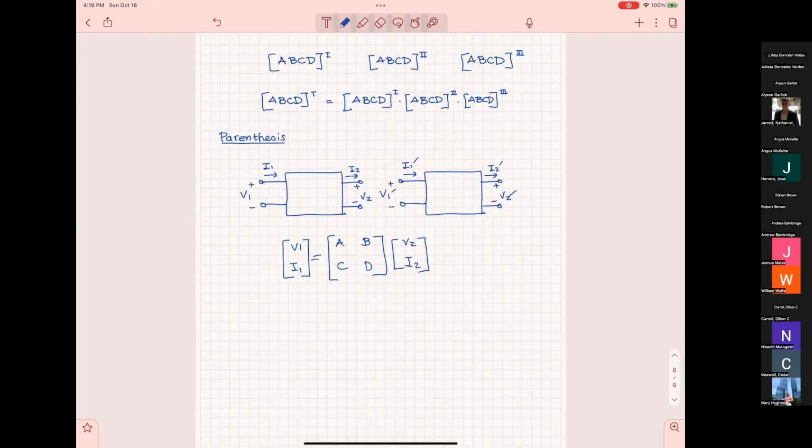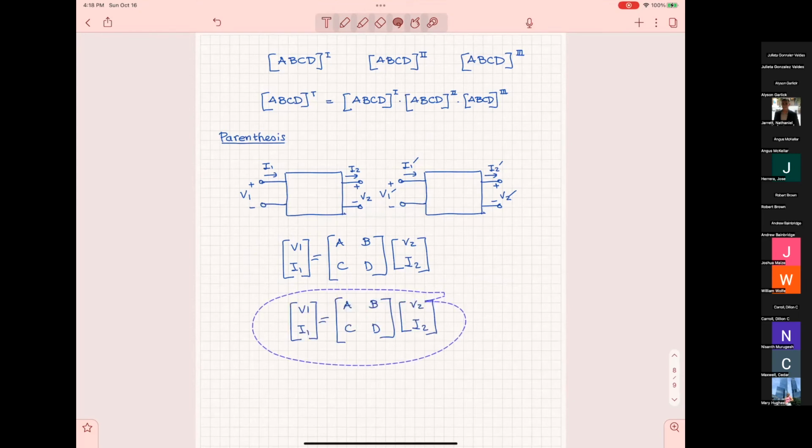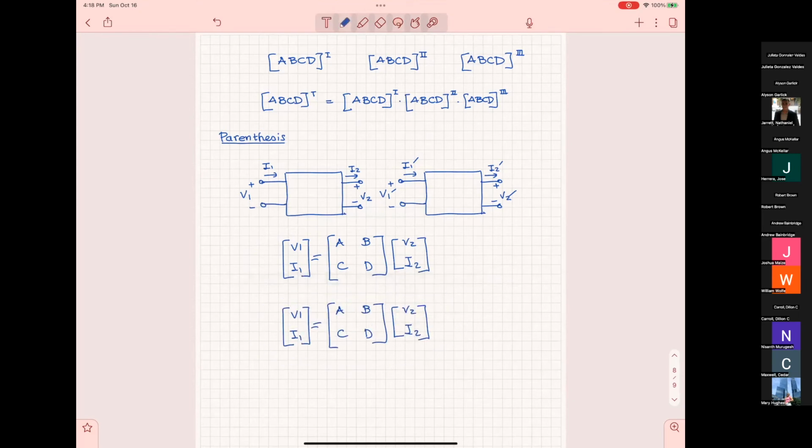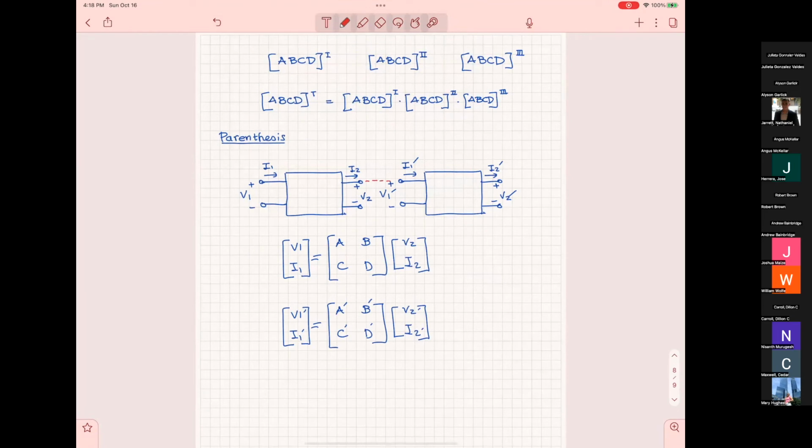The same kind of relationship, but all of these will be primed: prime here and prime there, and all of these will be a different matrix, obviously. However, if I directly connect these two, then what do I see?